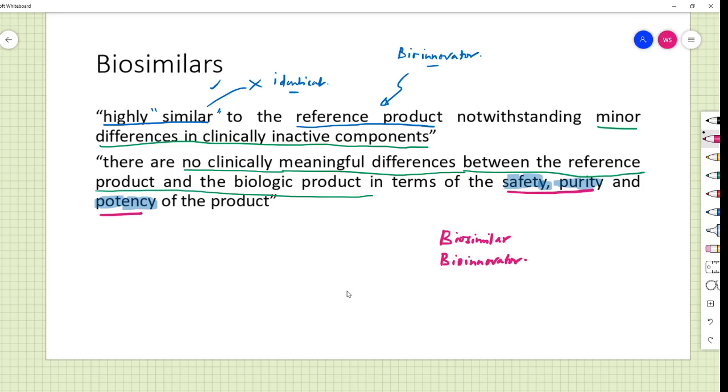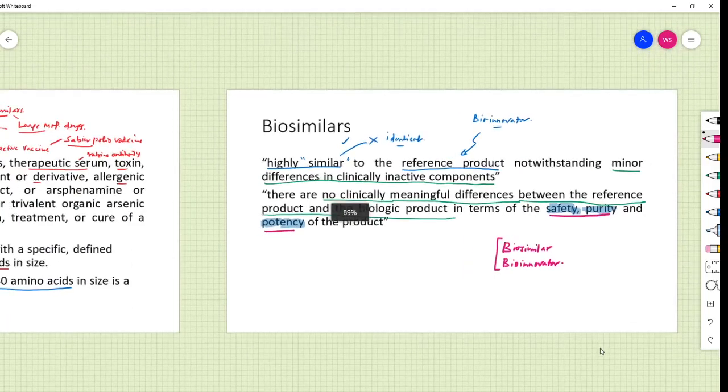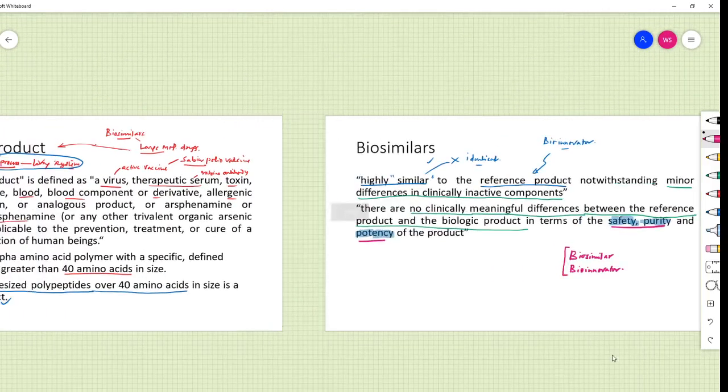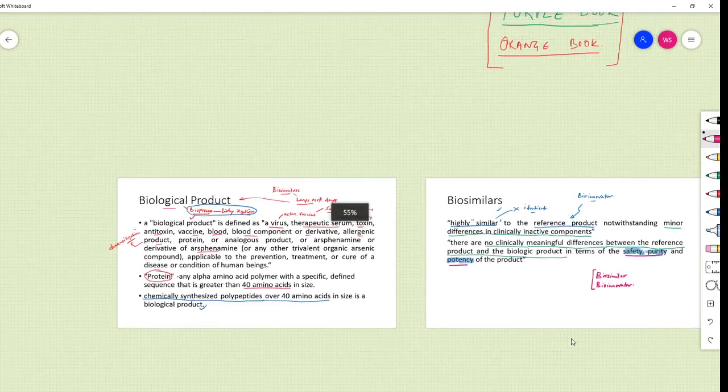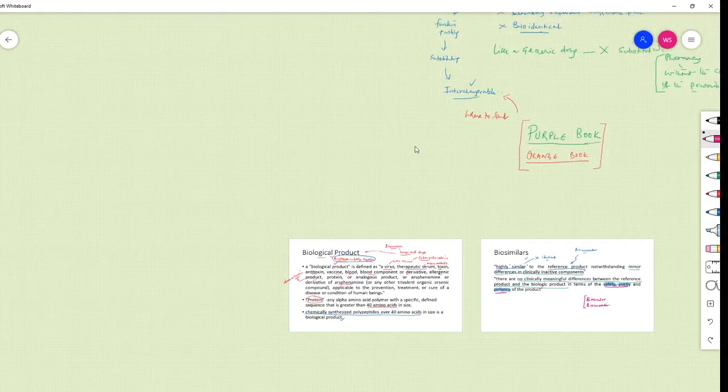So a healthcare prescriber with a great deal of confidence can use his judgment to use a biosimilar drug in a patient having a generic name product. But mind you, it is not bio-identical.